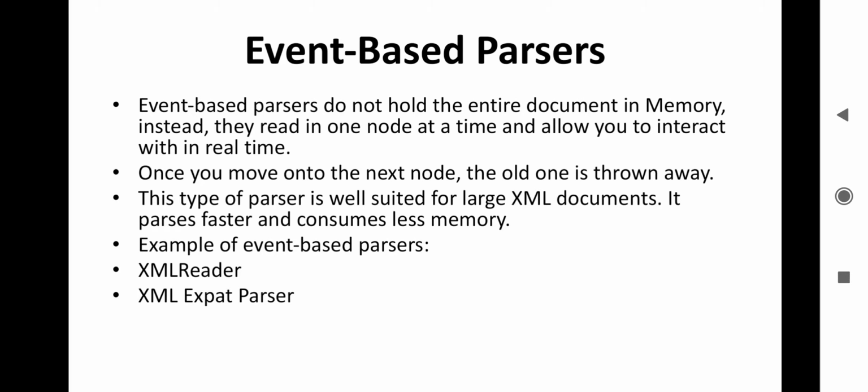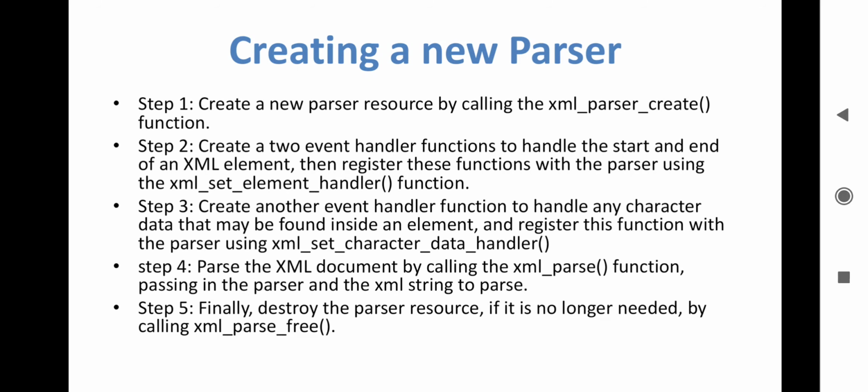So there is no need to load the whole document in memory; just take a part of it, process it and throw it away. Event based parsers focus on the content of the XML document, not its structure, so they parse faster and consume less memory. Examples are XMLReader and the XML Expat parser. These are the types of event based parser.